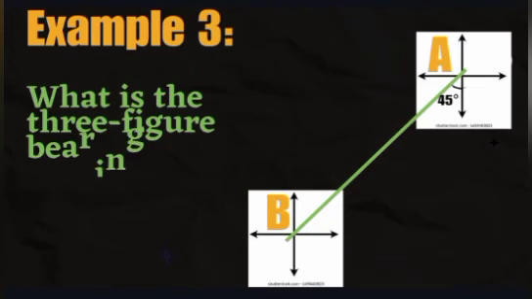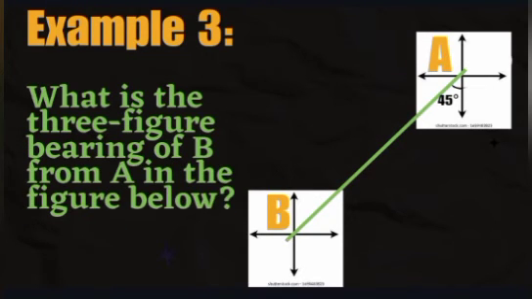So let us take an example on this using this same figure. What is the three-figure bearing of B from A in the figure you have here? Now again, we say from A. So we are focusing on point A again.